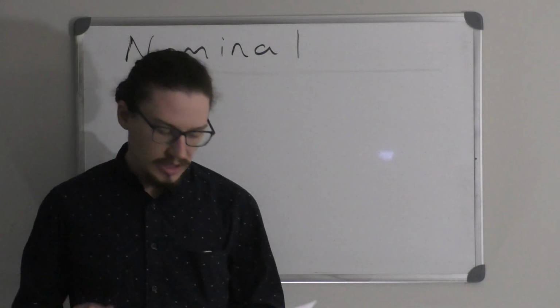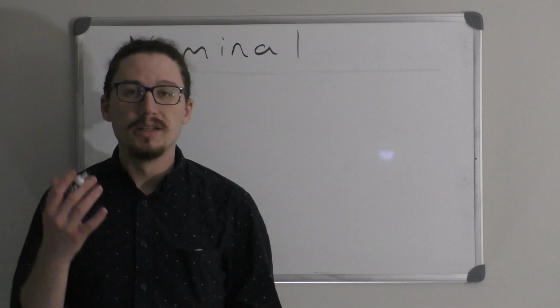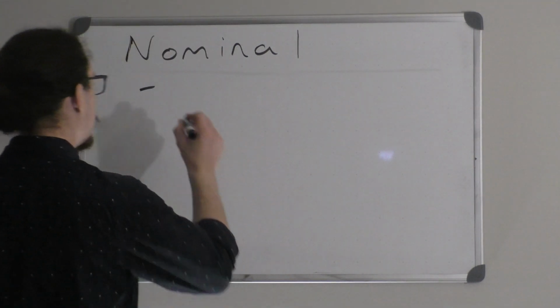But nominal scale data is the first type. This is data that can be placed into distinct groups and categories.